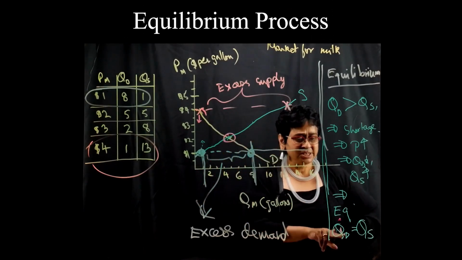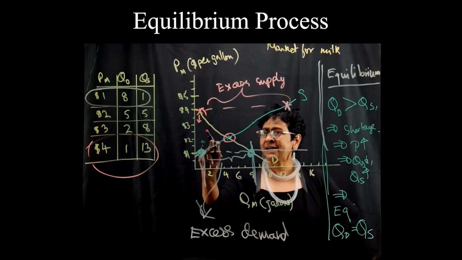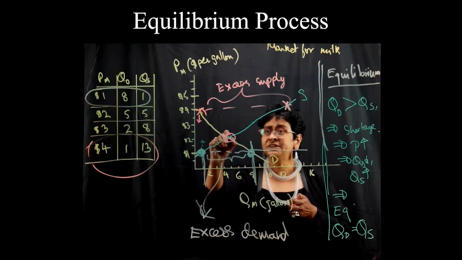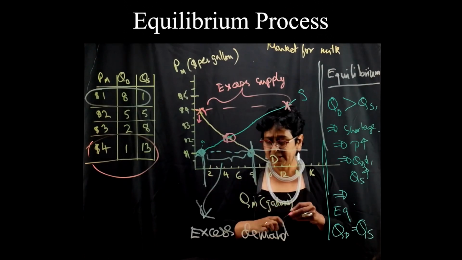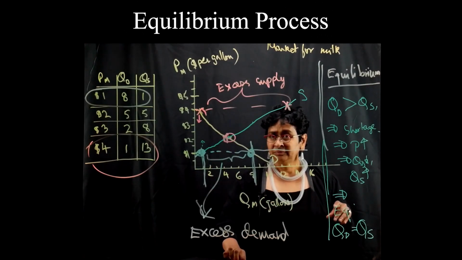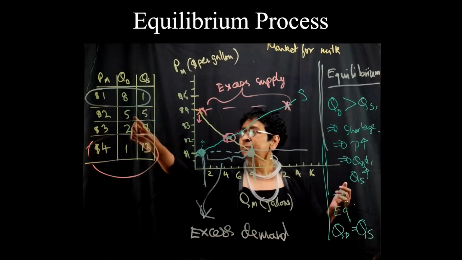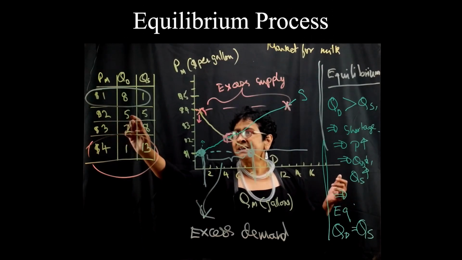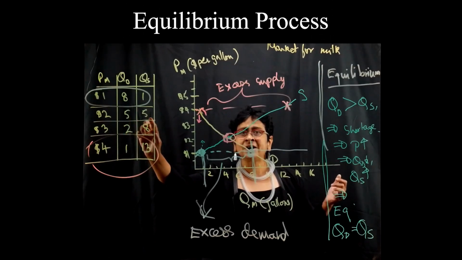So equilibrium takes place where quantity demanded exactly equals quantity supplied, right? That visually is going to be seen by the point where the curves cross. Right? So in this market, equilibrium will take place at a price of $2, where quantity demanded is 5, quantity supplied is 5.